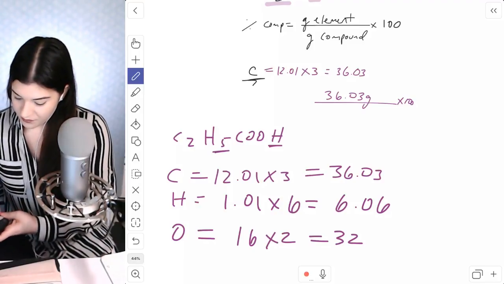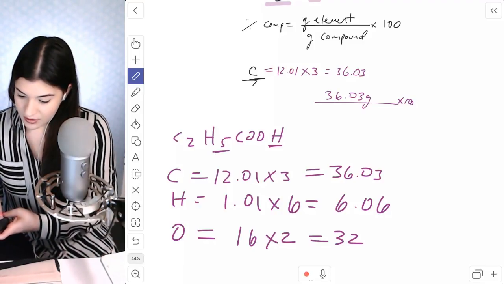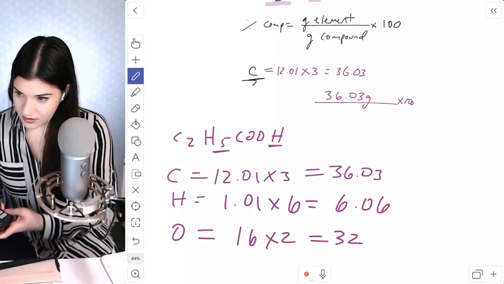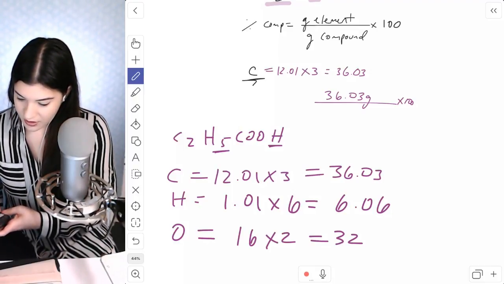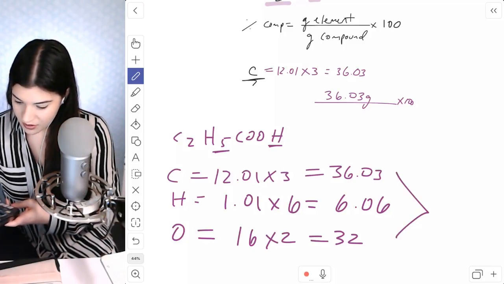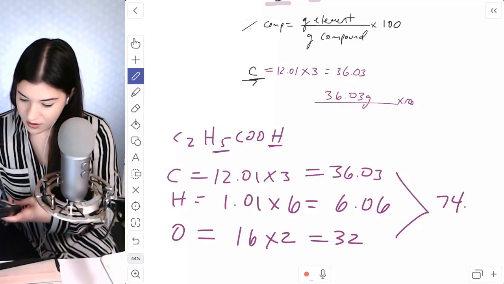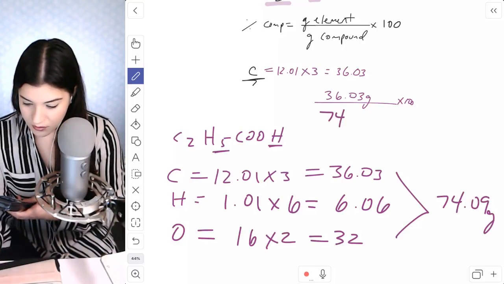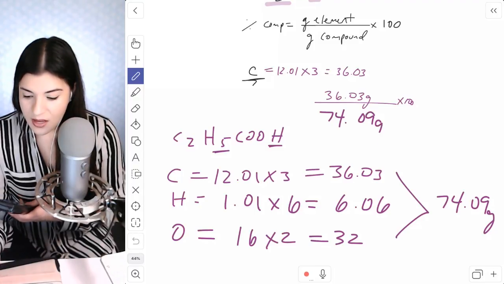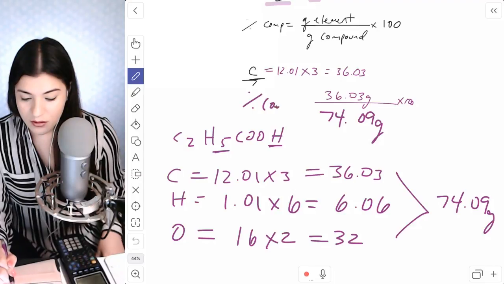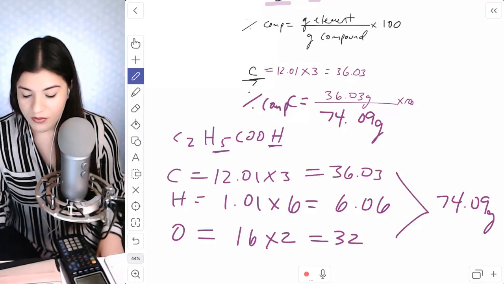Let's see what that gives us. 36.03 plus 6.06 plus 32. And this is 74.09 grams. So I'm going to put that on the bottom here. And then once again, this is just the percent composition of carbon within all of this.